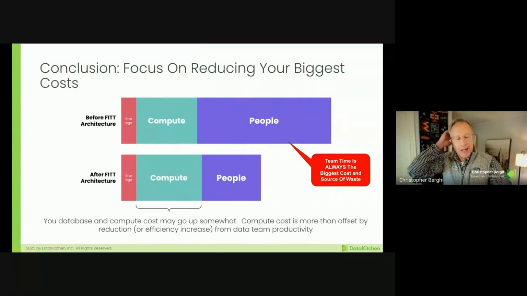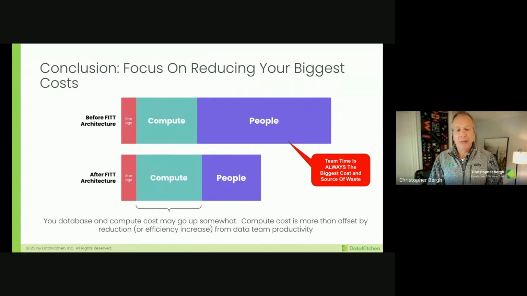And so I think the other way to think about it is don't overly optimize on compute costs. Yeah, there's opportunities to save, but doing some more full builds in a FITT architecture is just going to save you so many errors and so much time on your people.